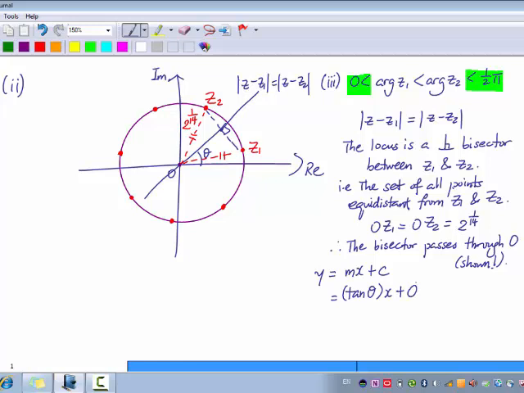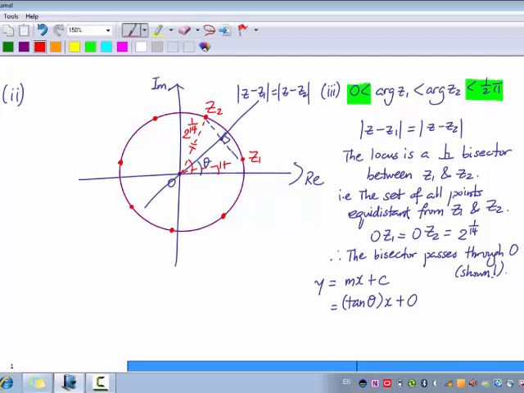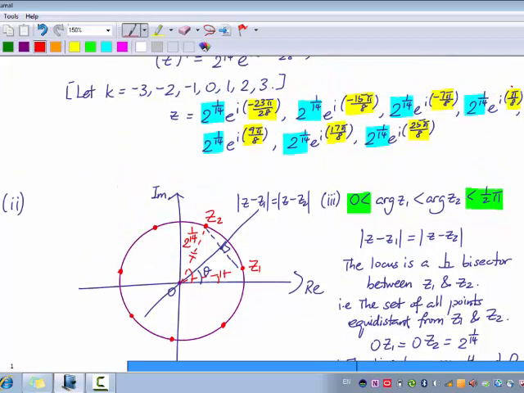How do we find theta? You notice that it is halfway between the argument of Z1 and the argument of Z2. From our list of roots, the two smallest positive arguments are pi over 8 and 9 pi over 8.